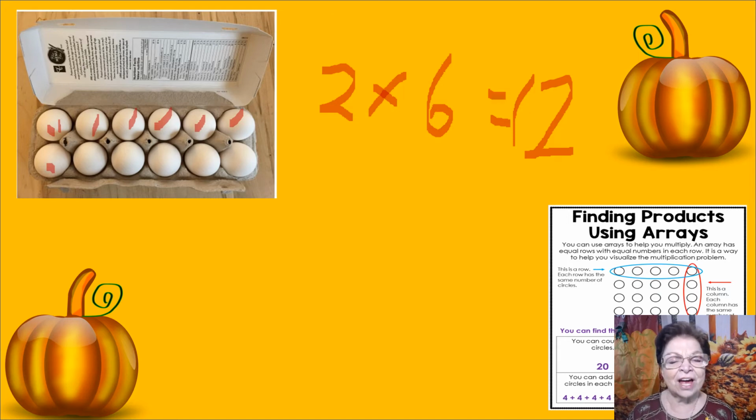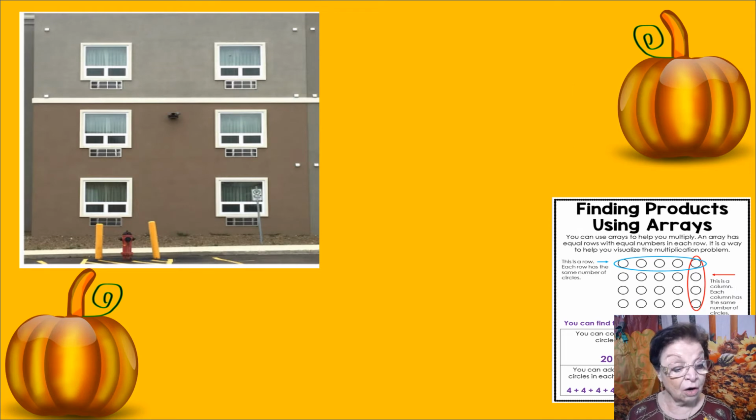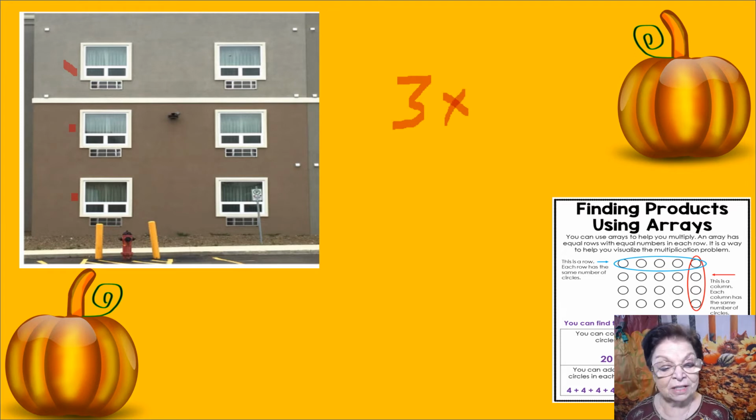Every picture I've got here would be something that you might have in your house or on your street. Here is a building, and it's got windows. It's got 1, 2, 3 rows of windows times how many are in each row?